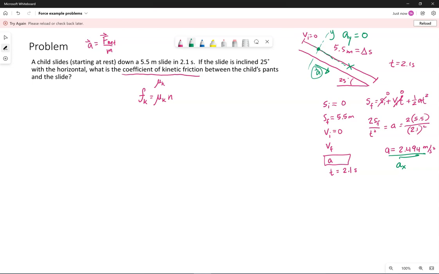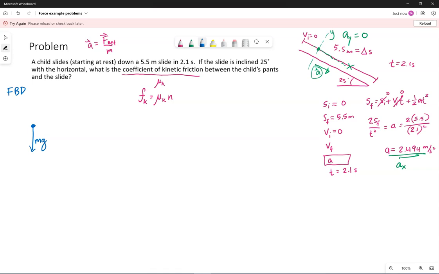Now, to relate this back to forces, we totally want a free body diagram. Just going to draw that over here at the left. Force of gravity, we know, points straight down. Force of gravity always points towards the center of the earth.